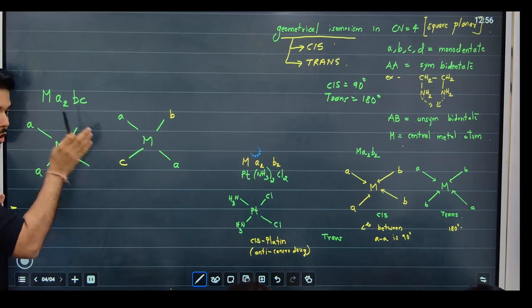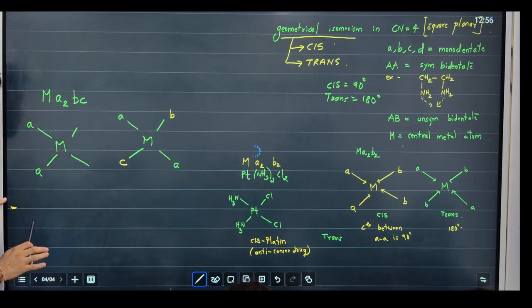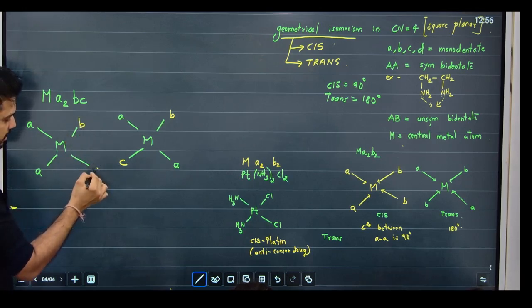These are the only two forms in which this particular coordination compound can exist. What is the angle between A and A over here? 90 degrees. What's the angle between A and A over here? What is the angle between B and C over here?